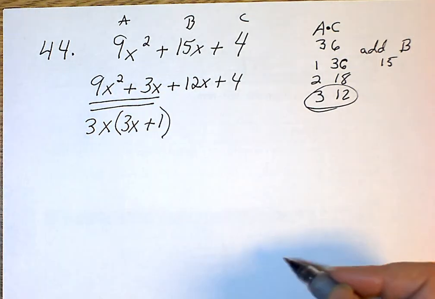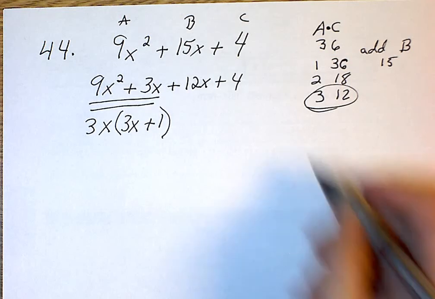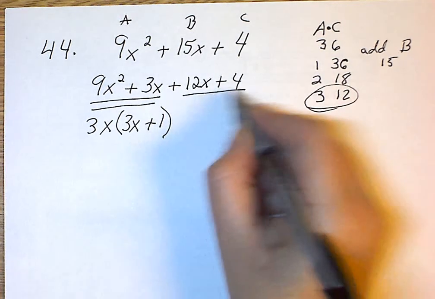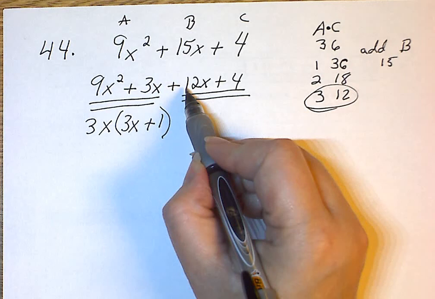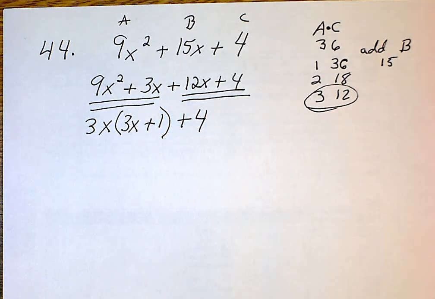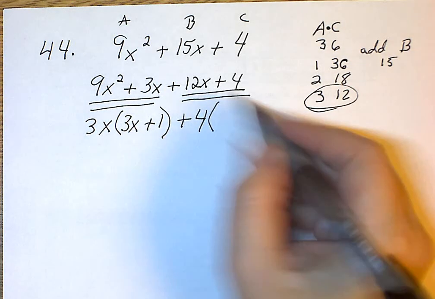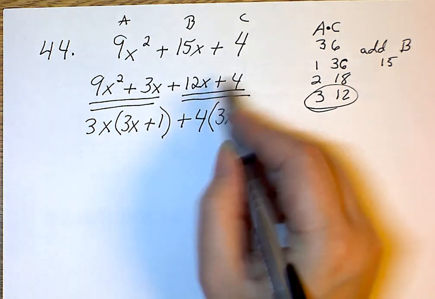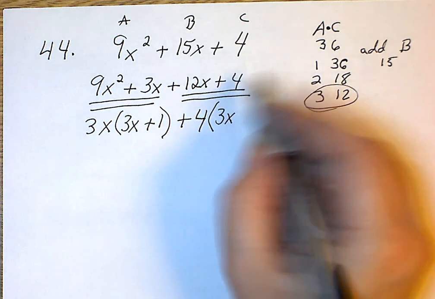Yep, that's right. Looking at the second one, we're going to pull out a 4, so we're plus 4. 4 times what gives me my 12x? 3x. 4 times what gives me my 4? 1.